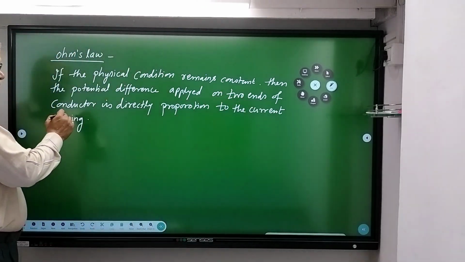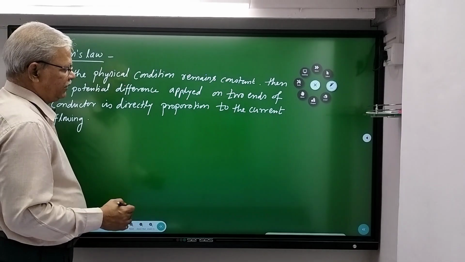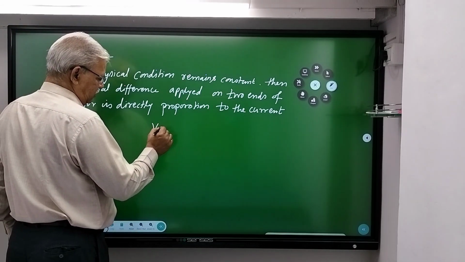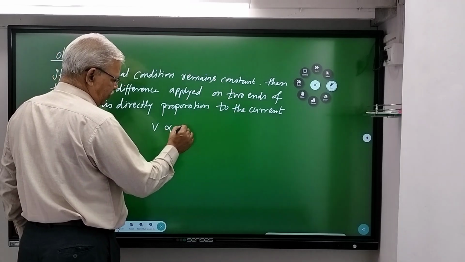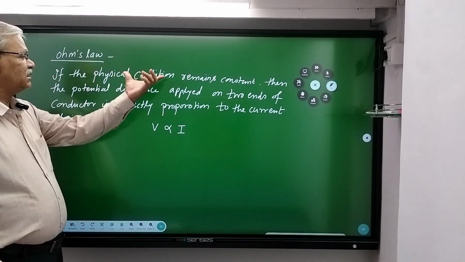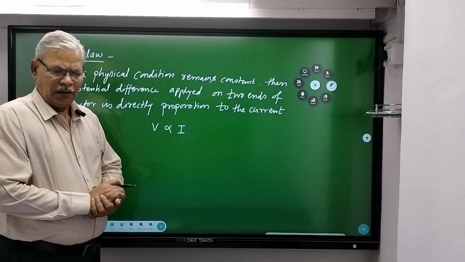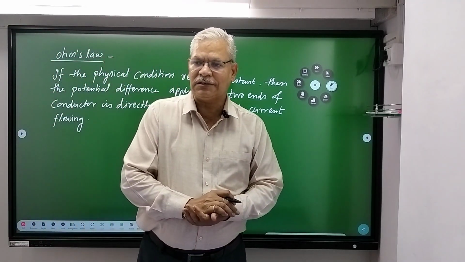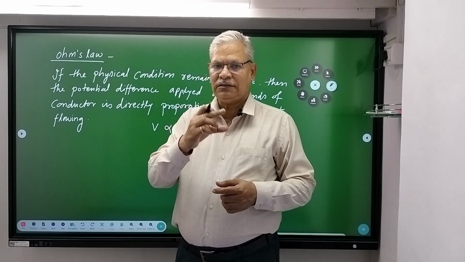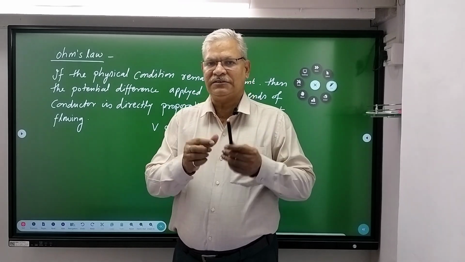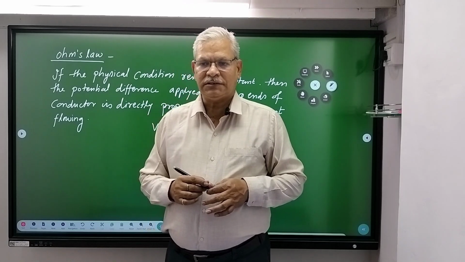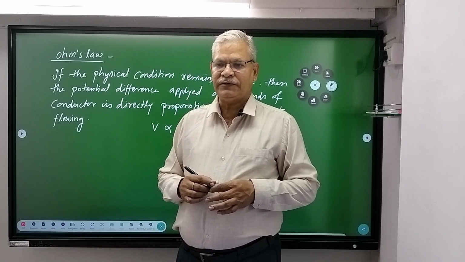Okay? As per the definition here, V is directly proportional to I. Now see, what are the physical conditions? Physical condition means the length of the wire, area of cross section of the wire, means thickness of the wire you can say, temperature and pressure. These are the physical conditions.